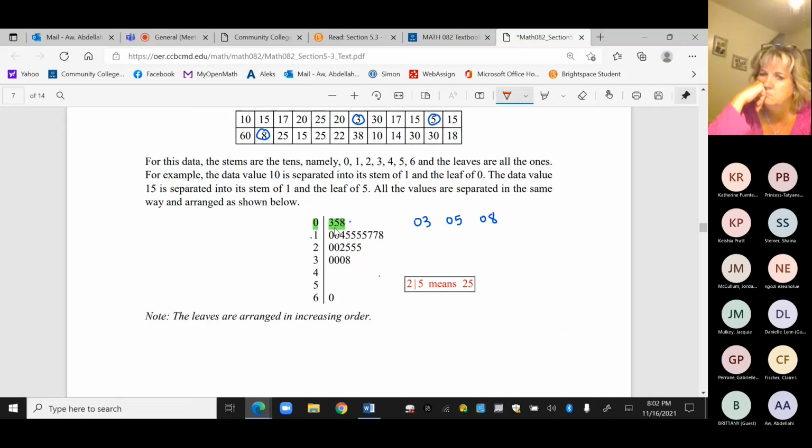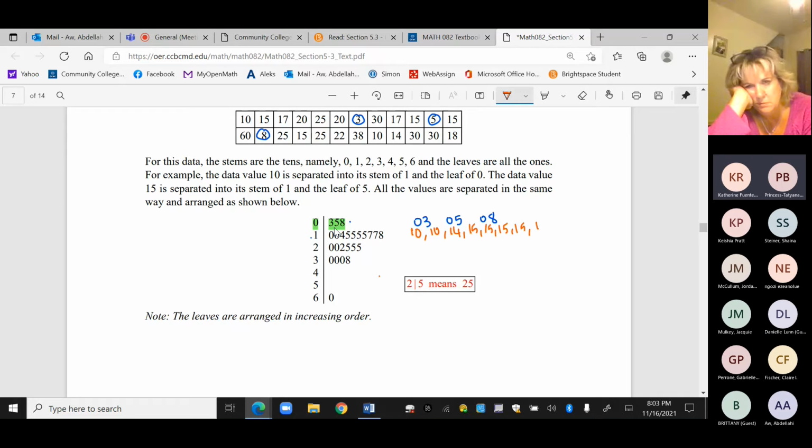What are the 10 numbers it represents? 10, another 10, 14, and then 14. And then 15. How many times 15? 4 times. And then 17, 2 times. And then 18.